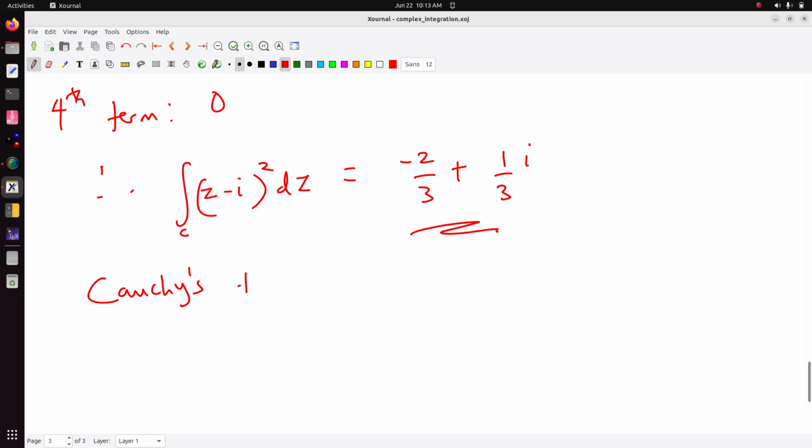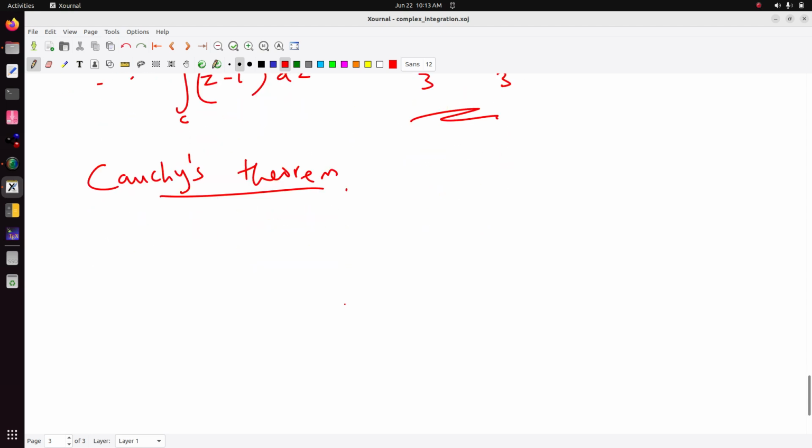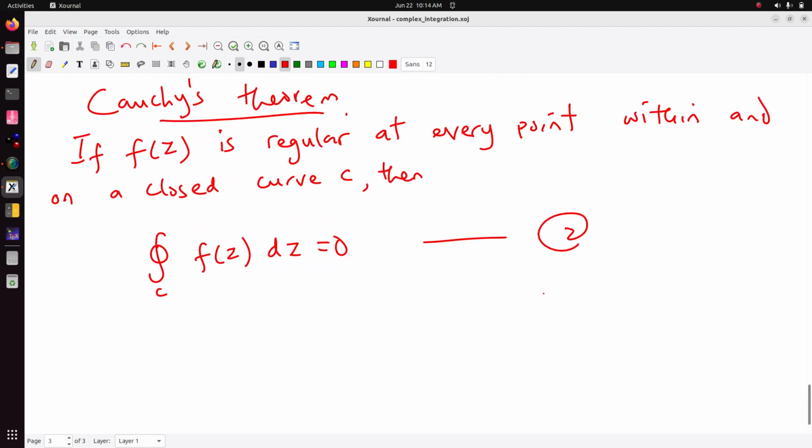This Cauchy's theorem is useful under certain circumstances, certain situations. So let me state the theorem first. This is an important theorem.